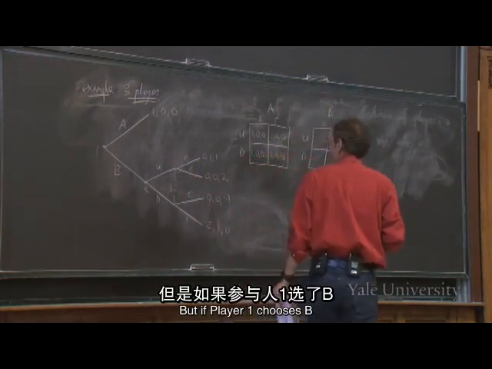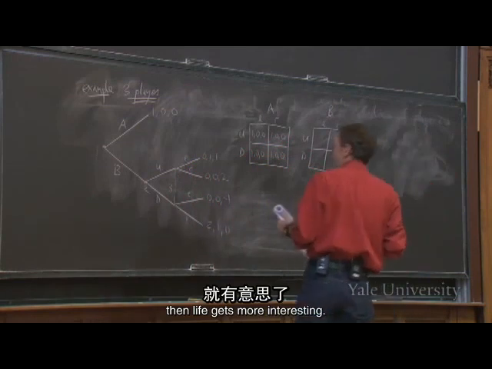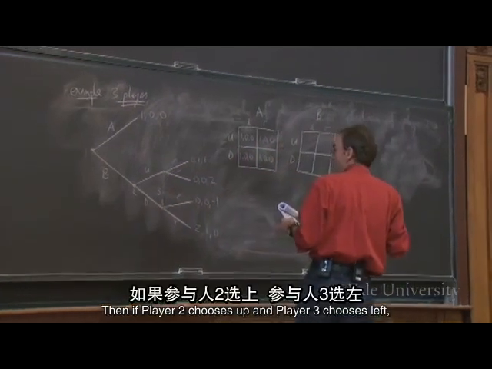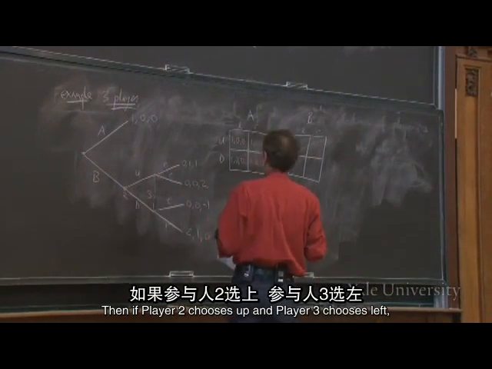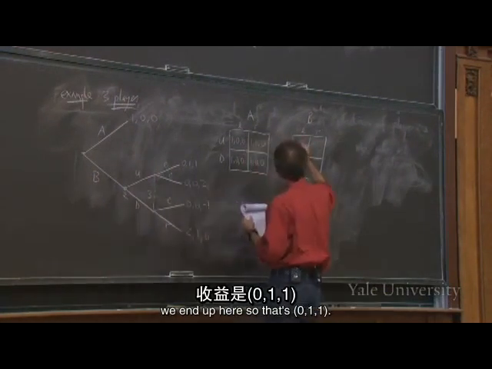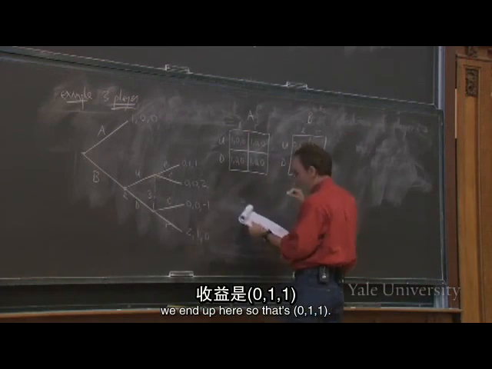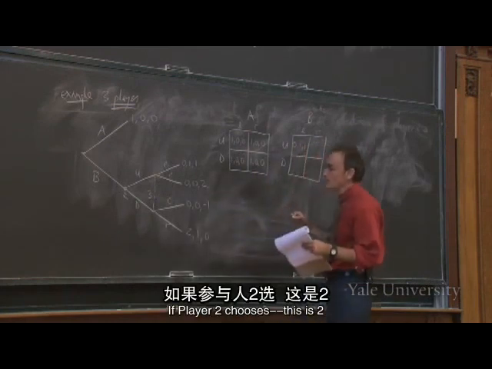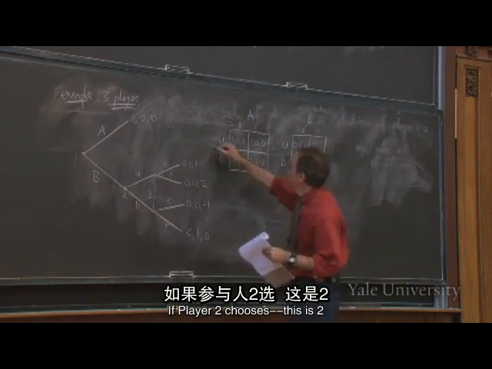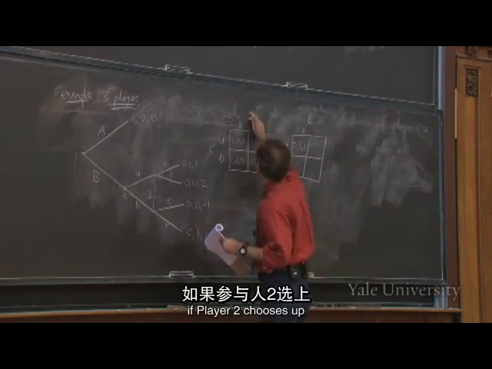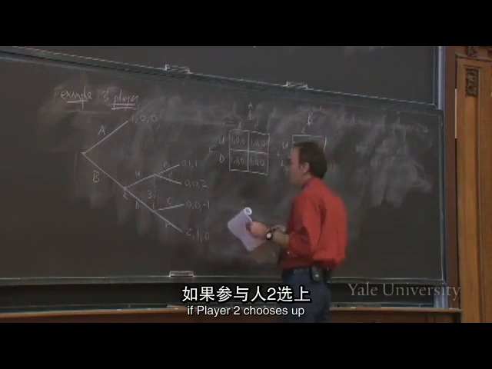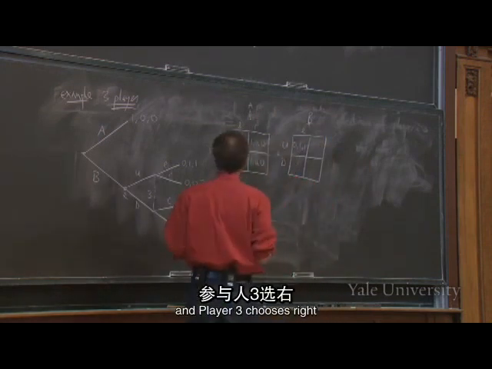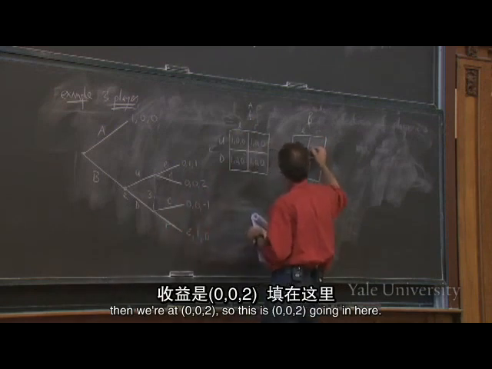But if player 1 chooses B, then life gets more interesting. Then if player 2 chooses up and player 3 chooses left, we end up here. So that's 0, 1, 1. If player 2 chooses up and player 3 chooses right, then we're at 0, 0, 2.